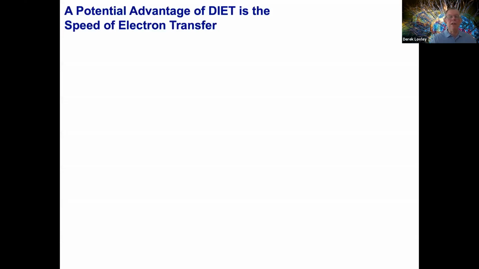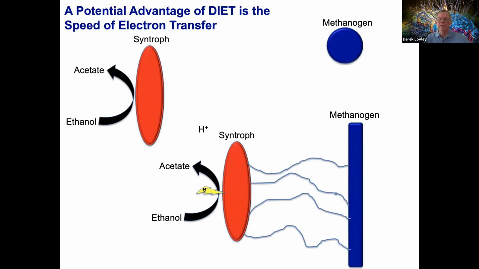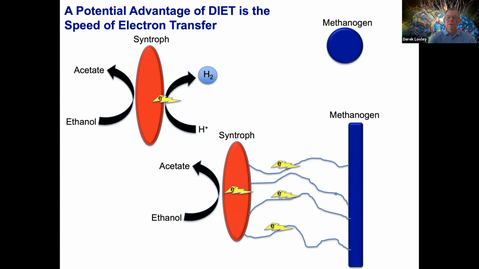And we're trying to think of why DIET might take place rather than interspecies hydrogen transfer. And I think one reason is just speed and stability of electron transfer. So if you have microbes feeding methanogens, DIET works fast. Once the electrons get to the outer surface, it's fast, whereas hydrogen is diffusive, right? So it goes slow.